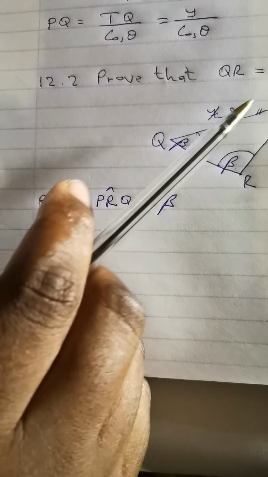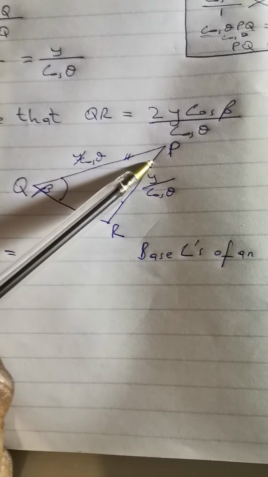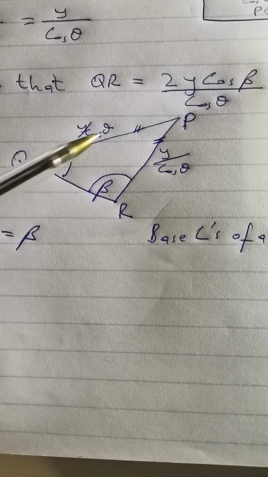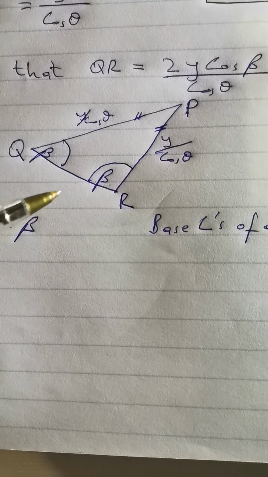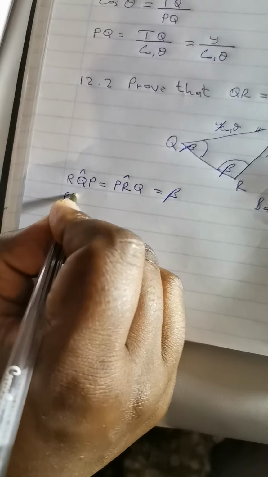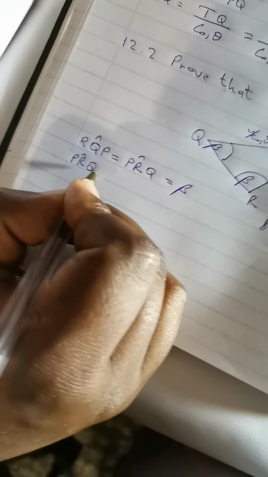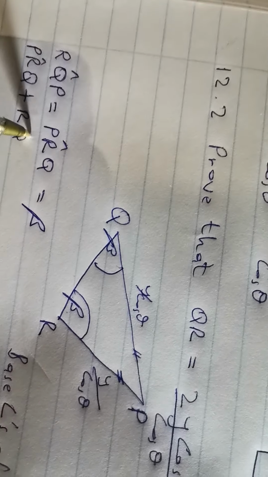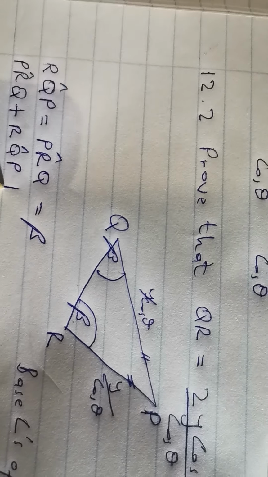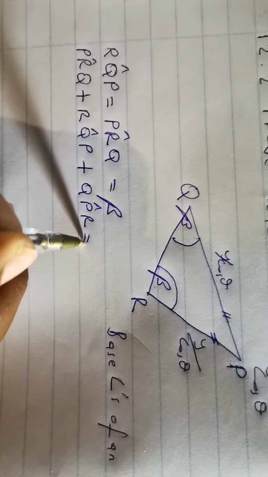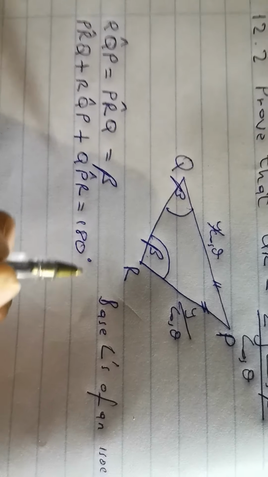So now our task is to find the angle QPR, and we're going to use the fact that the sum of angles inside a triangle is equal to 180 degrees. So we'll say angle PRQ plus angle RQP plus angle QPR is equal to 180 degrees.